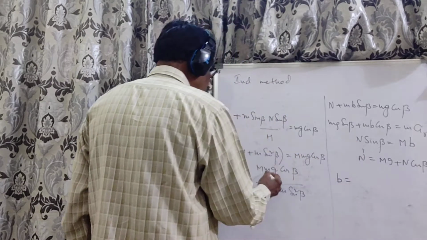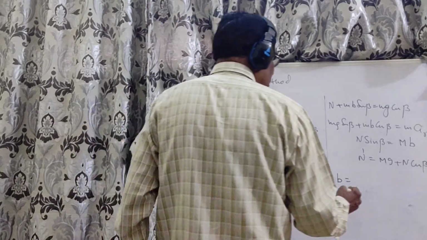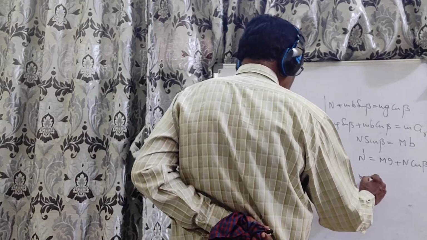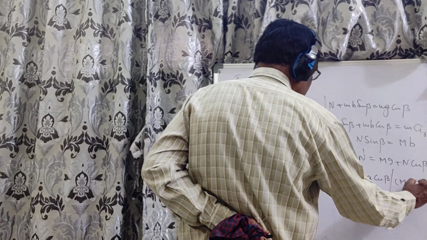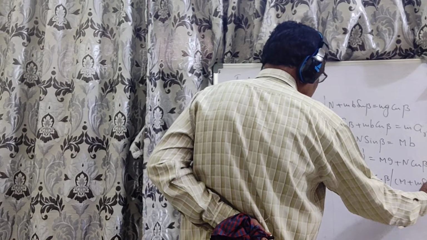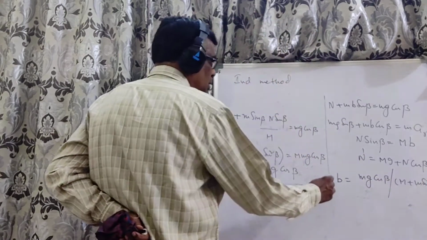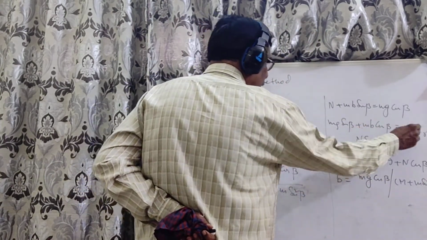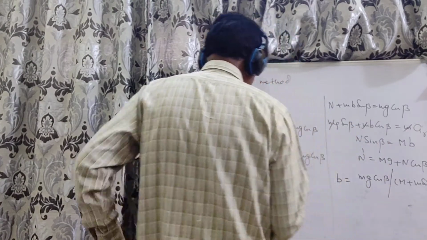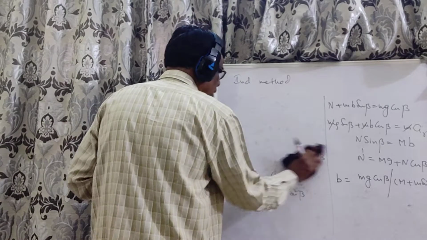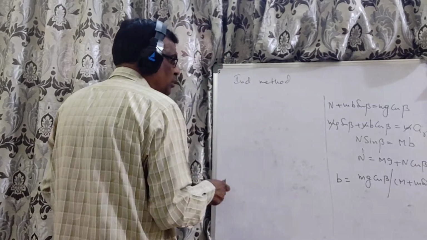If I substitute here, capital M gets cancelled. You have mg cos beta by... Substitute in this and get the value. Now here, m gets cancelled everywhere. So I am going to get that also additionally for you.